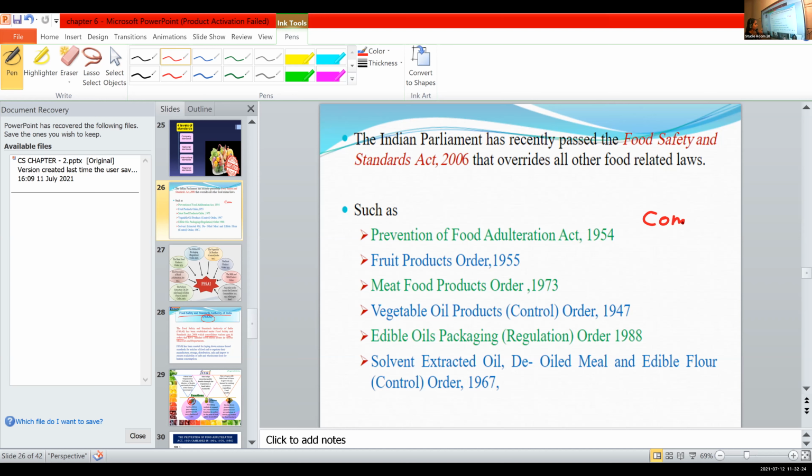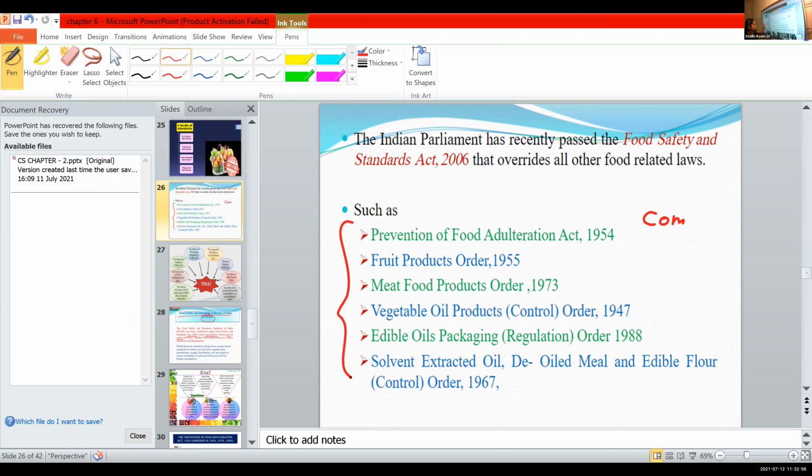Which are the compulsory standards? Read from the slides. Prevention of Food Adulteration, fruit products order, meat food products order, vegetable oil products order, edible oil packaging order, solvent extracted oil, de-oiled meal and edible flour order.